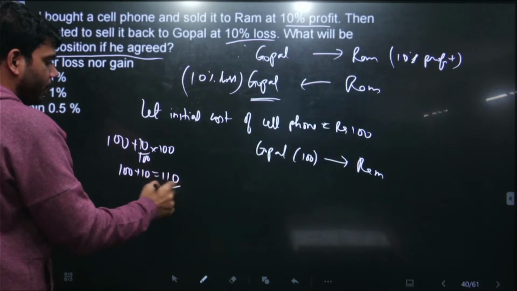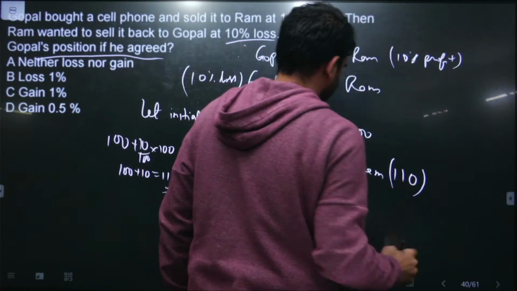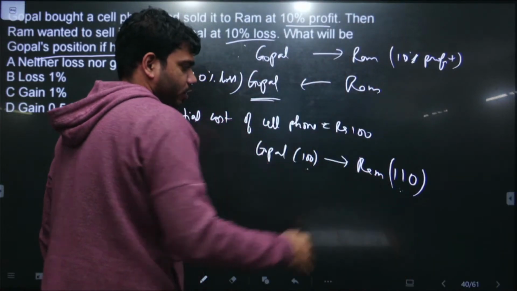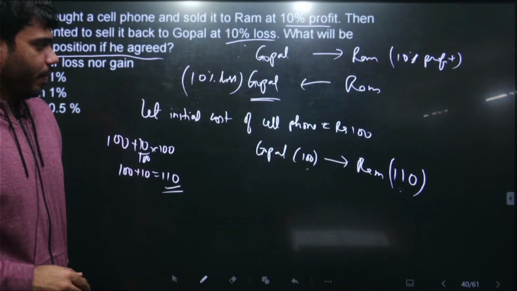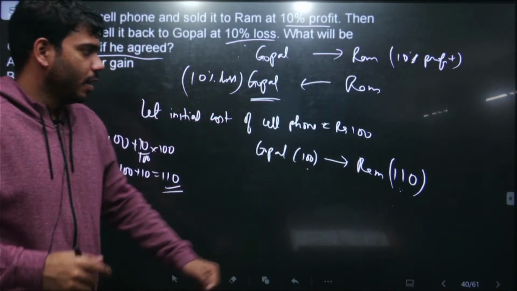110 रुपए. Now Ram is buying this cell phone from this Gopal at 110 rupees.